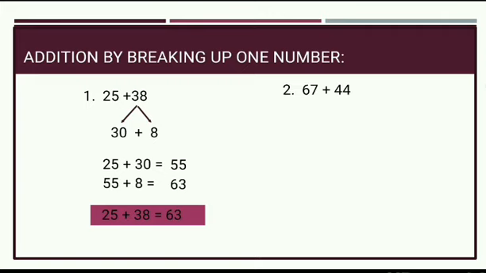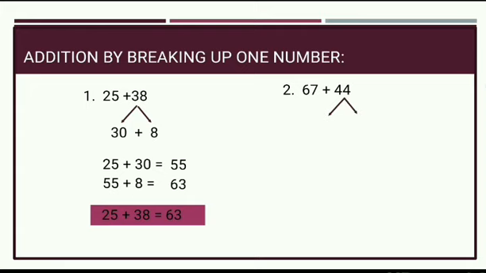Now in the second case, let's see one more example. Again we are going to follow breaking up one number. So the second number 44, how can I break it? I can write 44 as 40 plus 4. Okay, so next step will be, with 67 I am first going to add 40, and then with the answer I am going to add 4, and what did I get?